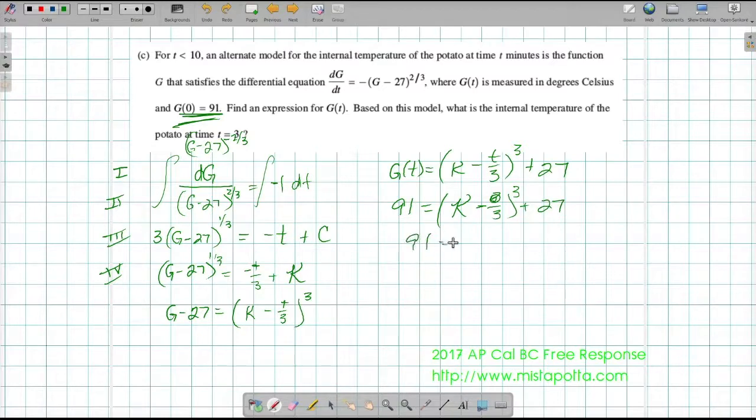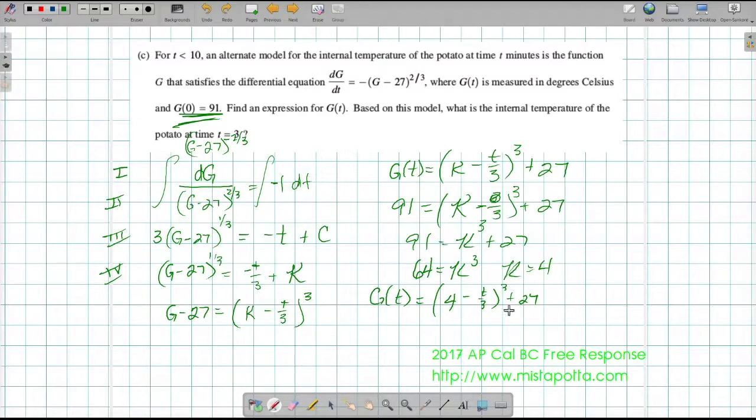So 91 equals my constant cubed plus 27. And 91 minus 27, as we saw before, was 64. So for us, k is 4. So our function is g of t equals 4 minus t over 3, cubed, plus 27.